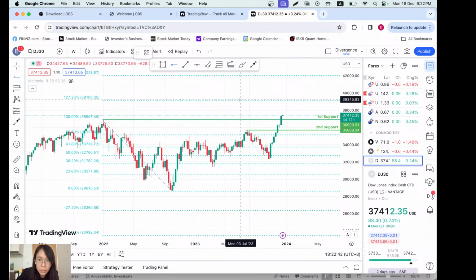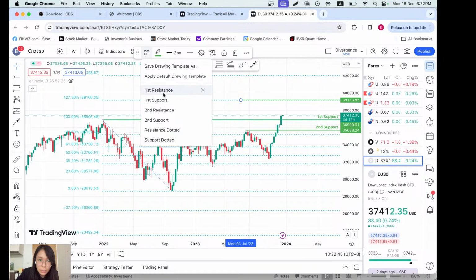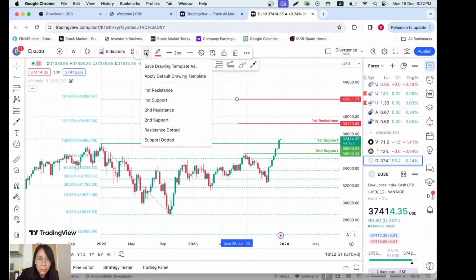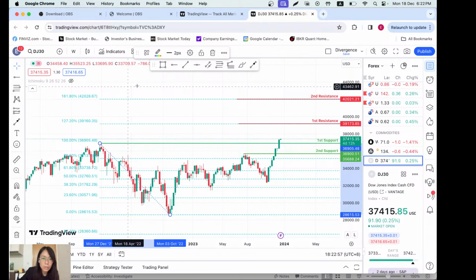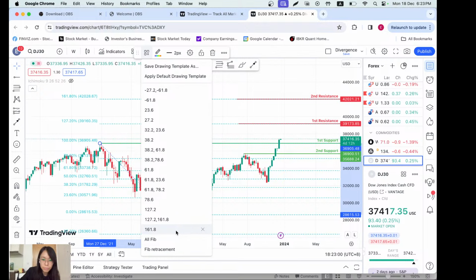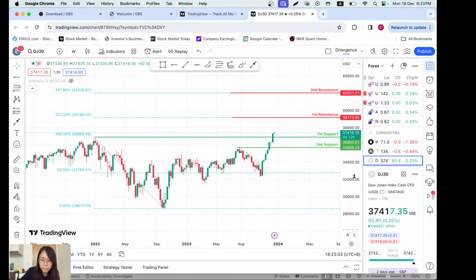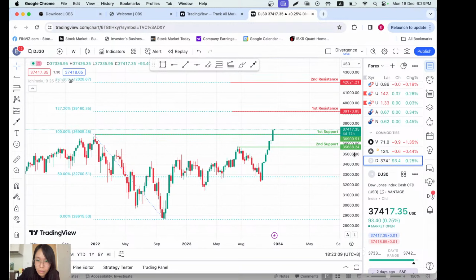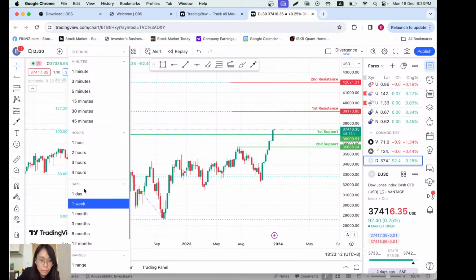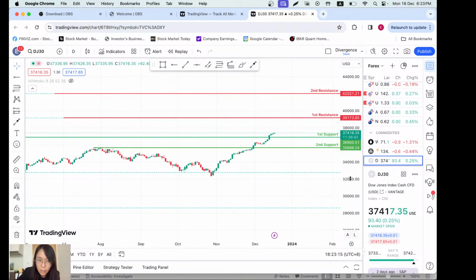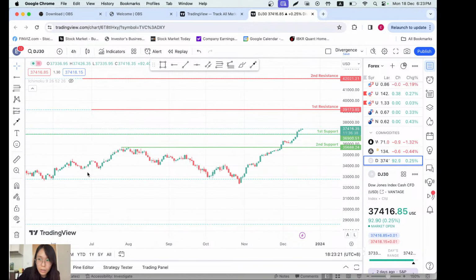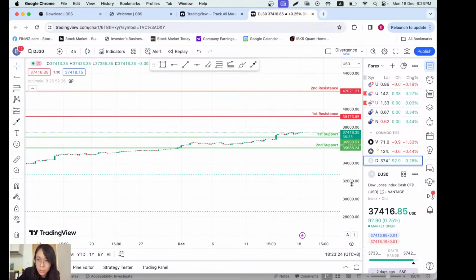So we'll be using the 127 extension for first resistance, for lack of a better resistance line, because the price is already at an all-time high. So we'll be using these two, the 127 and 161 extensions. It looks quite okay on the daily chart too. Let's take a look at the H4.